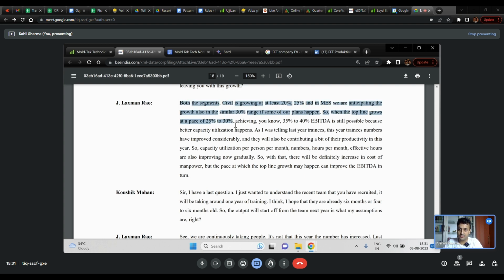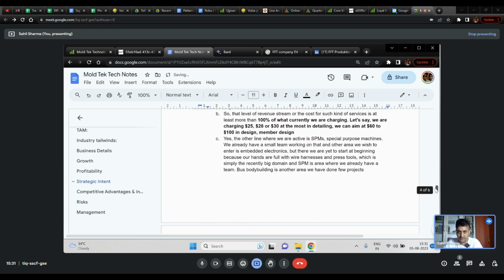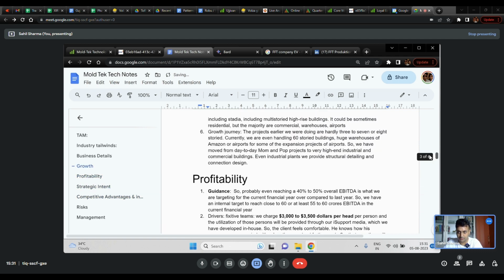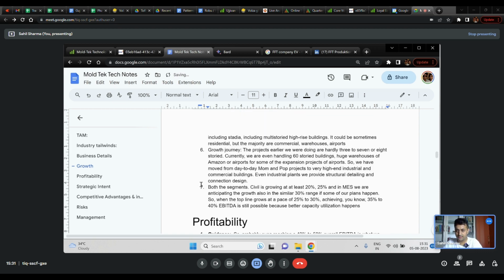Right. So he has again talked about the fact that this is the guidance on both growth and profitability. I'll probably put it under growth because that's the key intent of what he's saying.